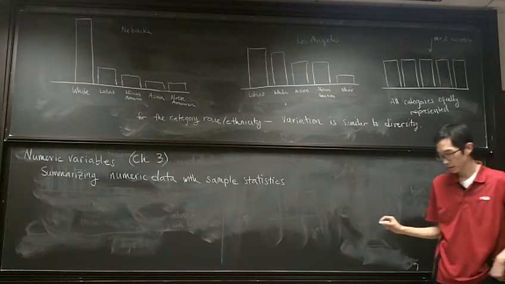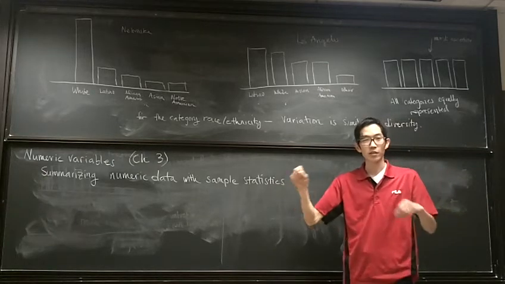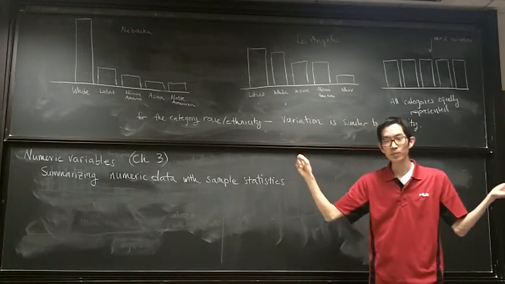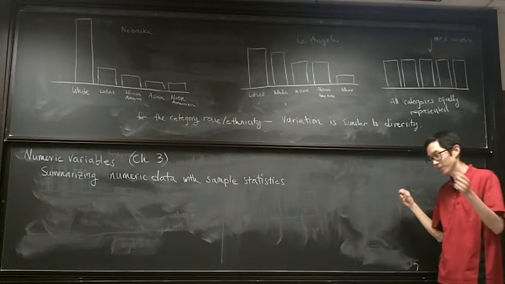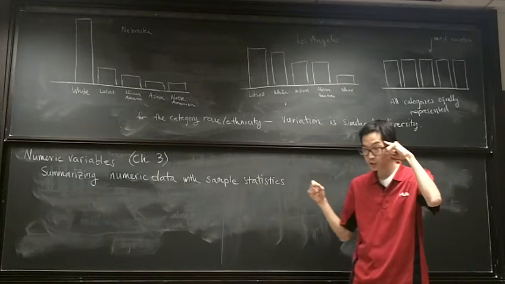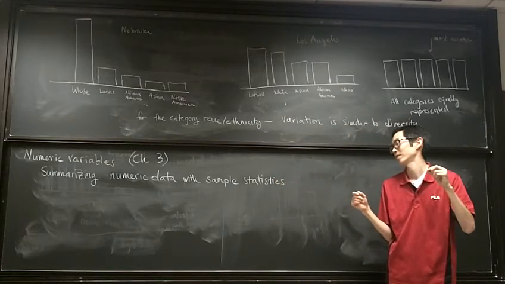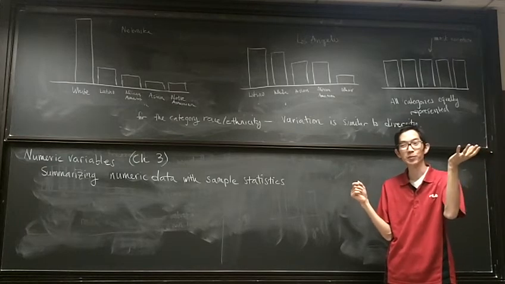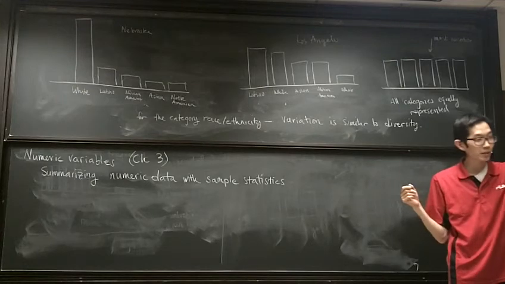So the idea behind chapter 3 is that we've taken a sample, and just think of what that word sample means. What is a sample? A sample is a selected group, okay?